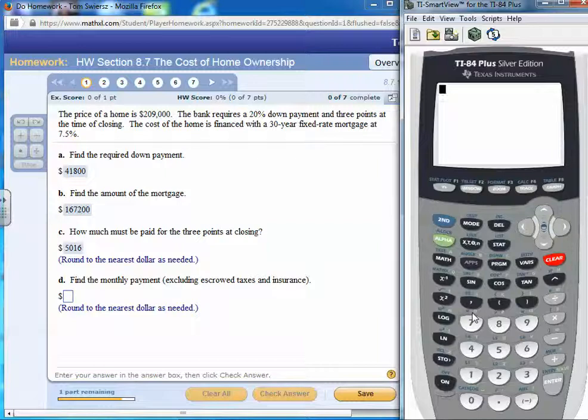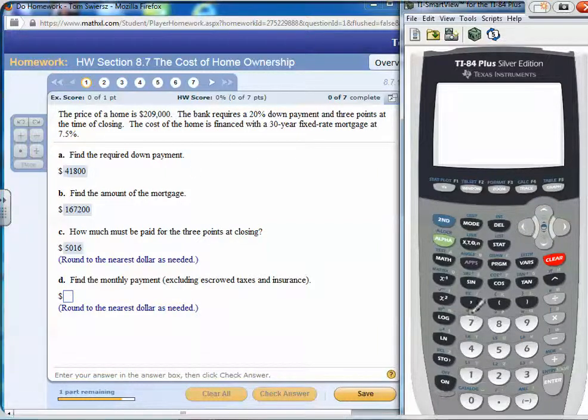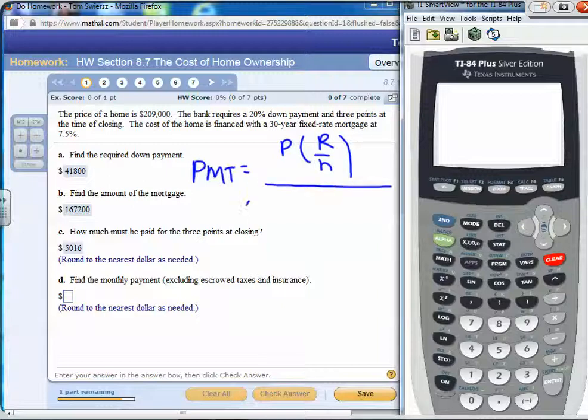Okay, now the formula is the same as the auto loan. The payment for a mortgage is equal to the principal, the amount of the mortgage, times R divided by N, all over parenthesis 1 minus 1 plus R over N raised to the negative N times T power, and then another parenthesis around the entire denominator.